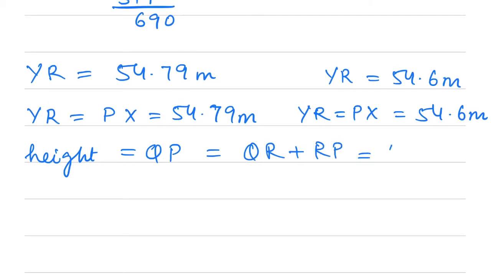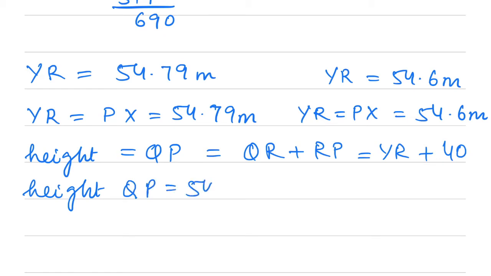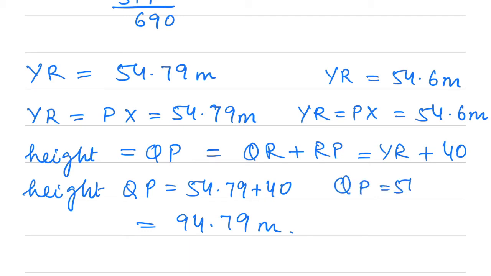QR is also equal to YR, and RP is given to us as 40. So QP is equal to 54.79 plus 40, which is equal to 94.79 meters, and here we'll get height QP is equal to 54.6 plus 40, which is equal to 94.6 meters. Both answers are correct.